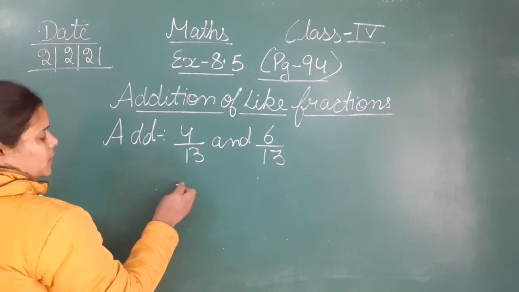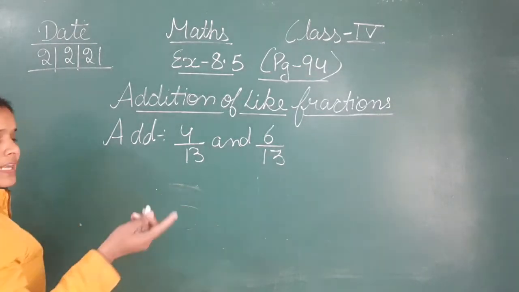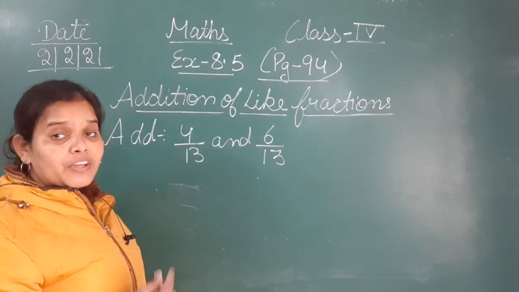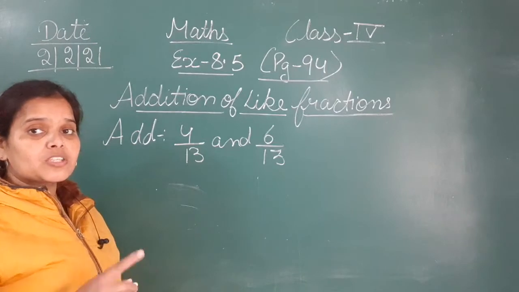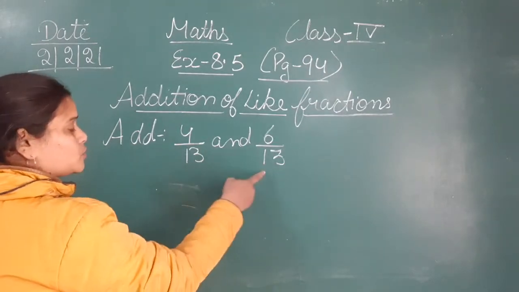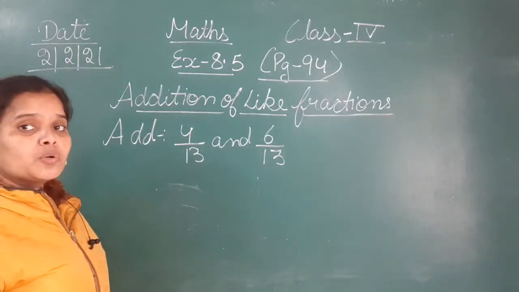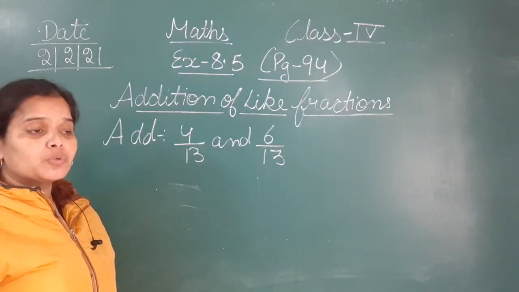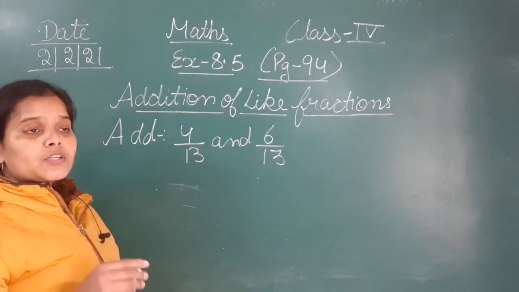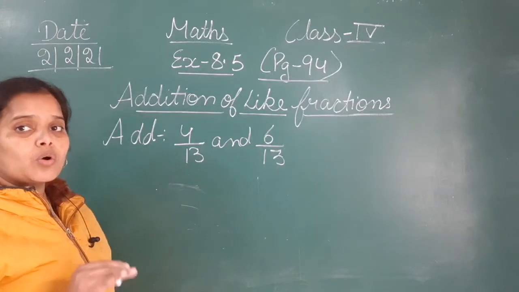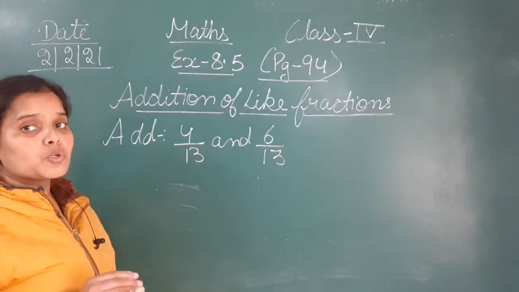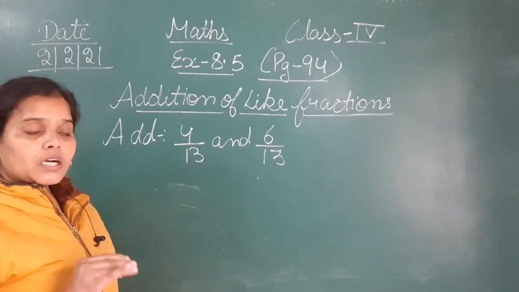जैसे कि मैंने बेटा आपको पहले भी बताया था, in the comparison and while arranging the fractions into ascending or descending order, हमेशा आपको ये देखना है कि they must be like fractions. So here we are having two fractions. चाहे addition हो, subtraction हो, comparison हो, ascending order, descending order, कुछ भी हो, you must observe first that all the fractions that are going to be added or subtracted should be like fractions.